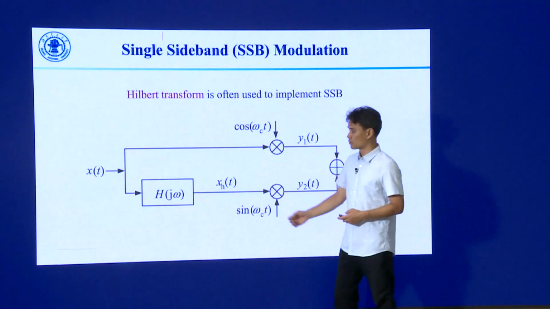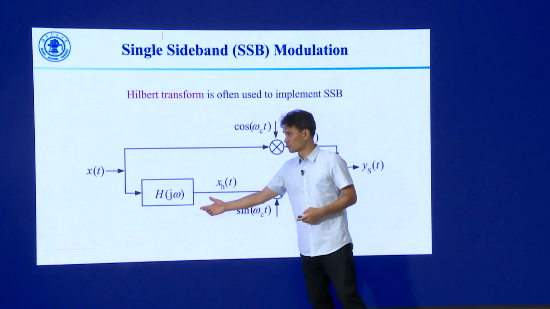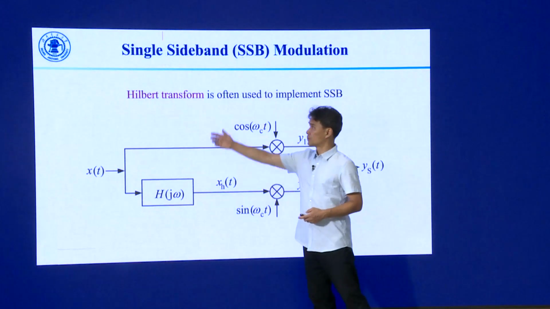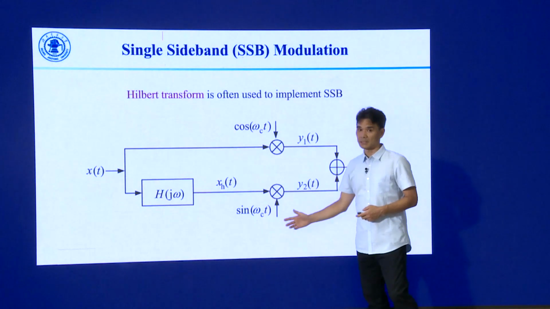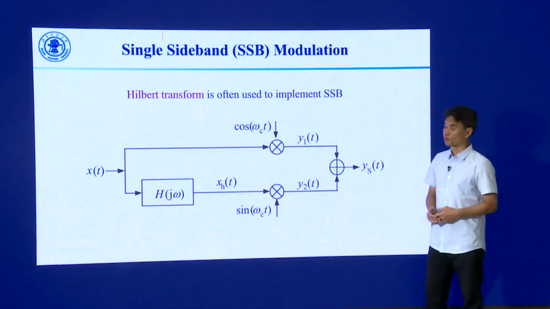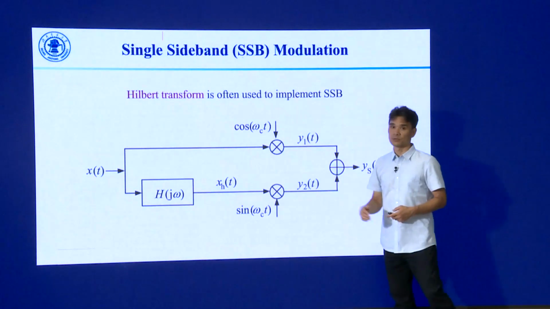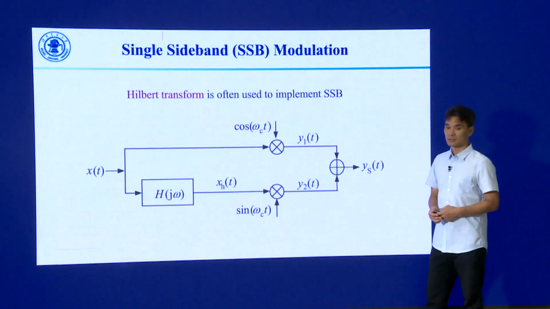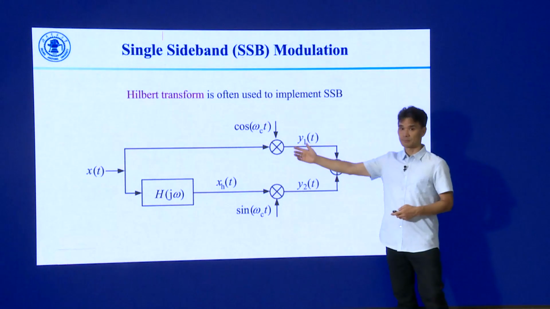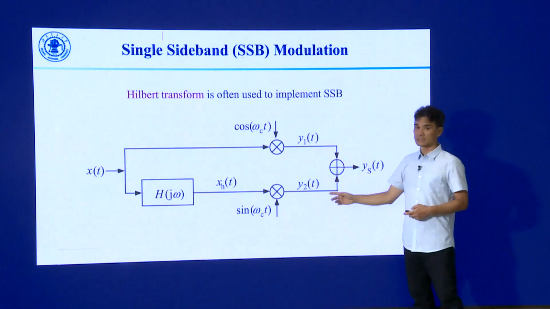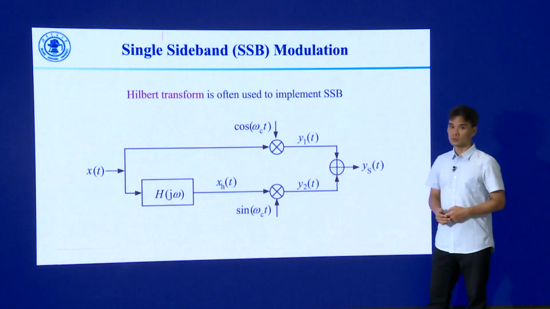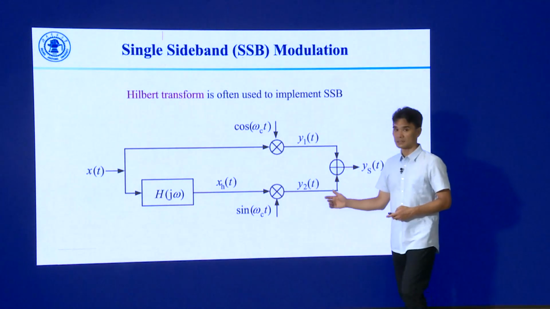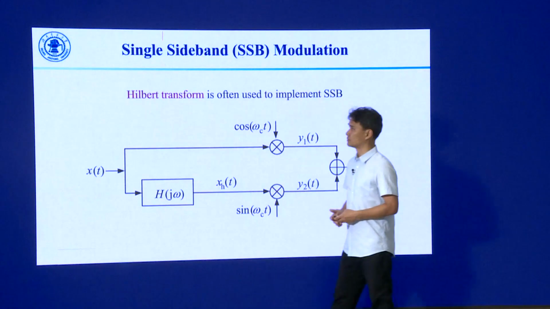In the lower branch, we force the input to go through the Hilbert transform before it is modulated by a sine function whose frequency is the same as the carrier on the upper branch. And both modulated signals are summed to get the final single sideband modulated signal. Now let's take a look at the Hilbert transform.